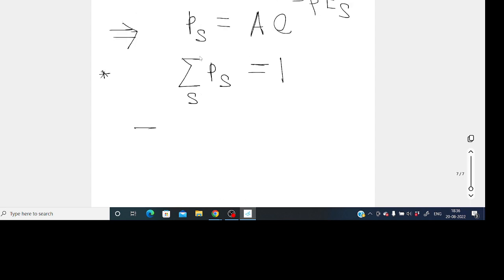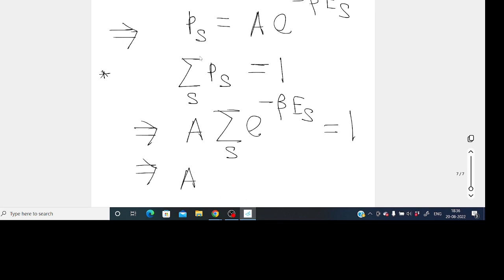Now put it here, you will get A times the sum over E_S of e to the power minus beta E_S equal to 1.